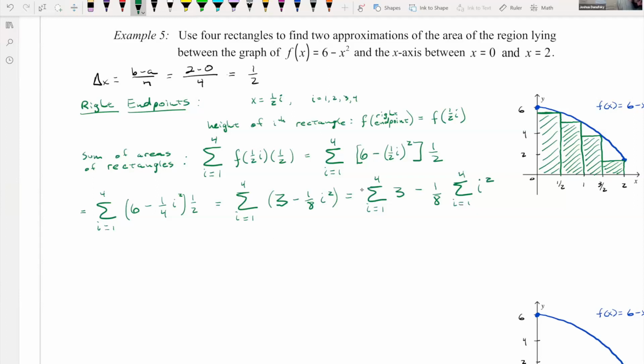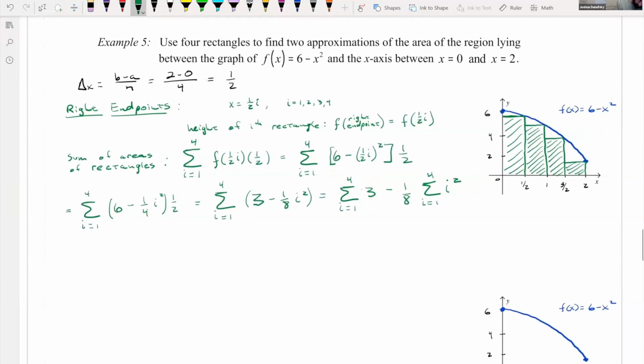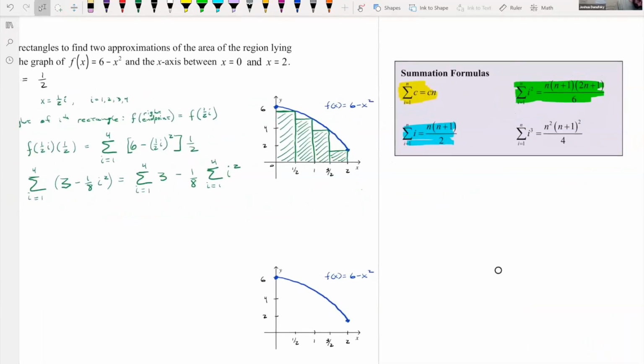And now we're going to get to use our formulas for summation. So you'll notice with the first summation here in yellow, we've got the sum of a constant. So we're going to use the yellow formula there. And the second one, we're taking the sum of the i squared. So we're going to use the green one.